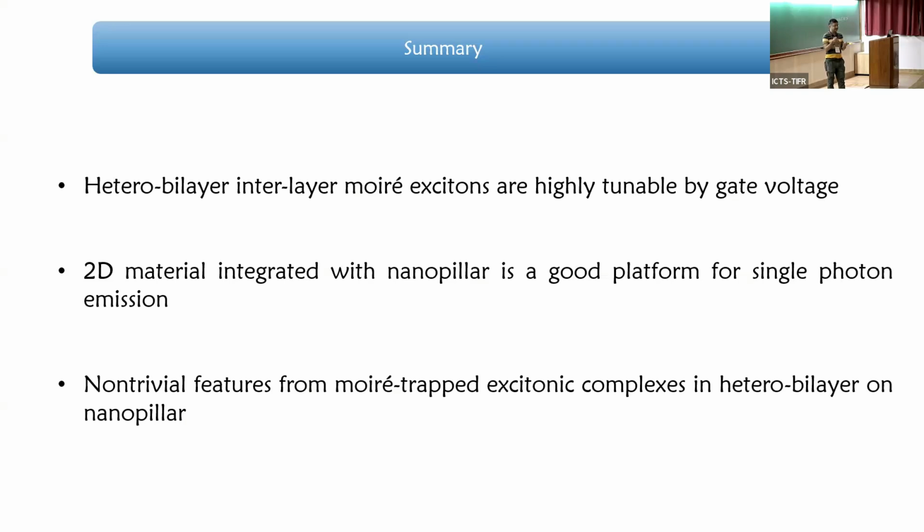You are applying a gate voltage vertically, but because of the coupling of the electrostatics between XY and Z, it translates into an in-plane potential fluctuation. That in-plane potential fluctuation gives you a local field, which is an even function with respect to, let's say, the center of the Moiré pocket. And that's what gives you this anomalous Stark effect.